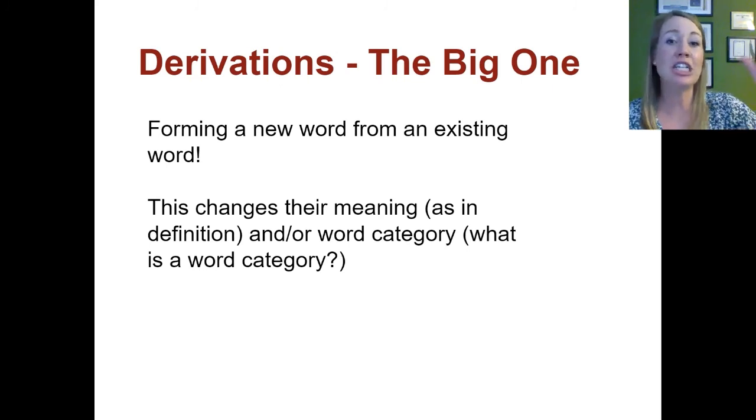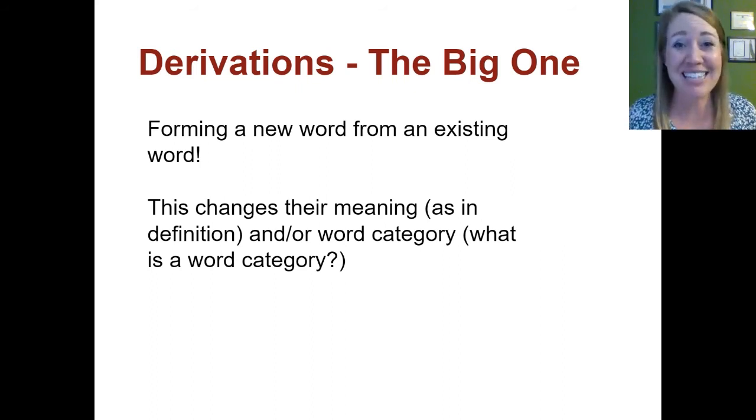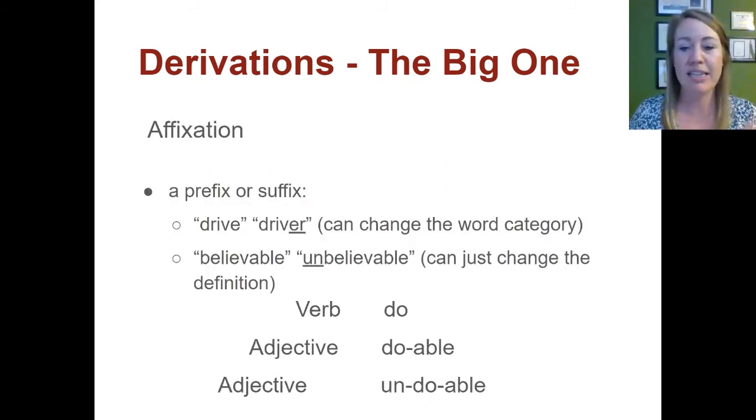It might change a noun to a verb, or a verb to a noun, or a noun to an adjective. Some of you probably shivered when I said those terms because you remember them from second grade and hated it. We're going to be looking at some of that in syntax again. But this is what happens when we do the derivational process, when we take an existing word and create a new word.